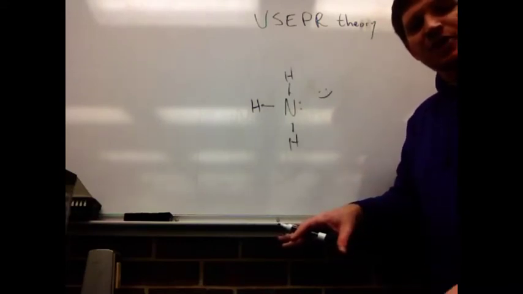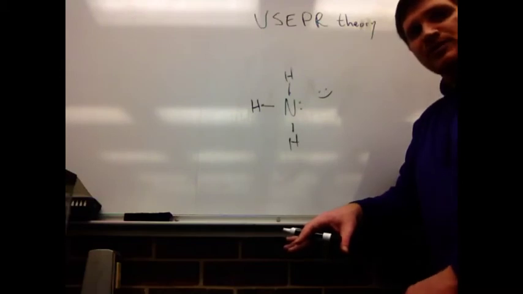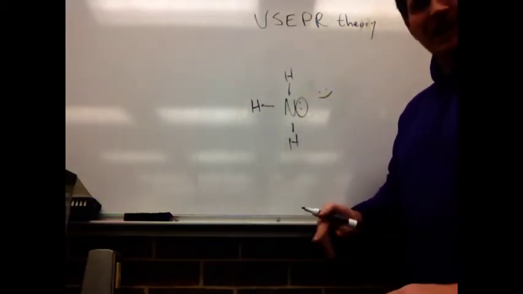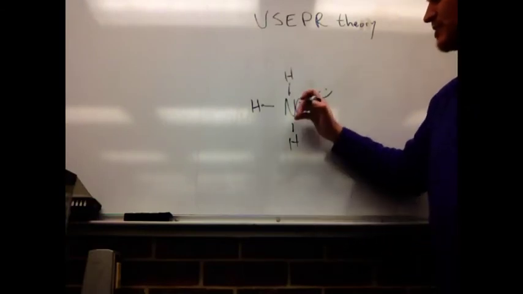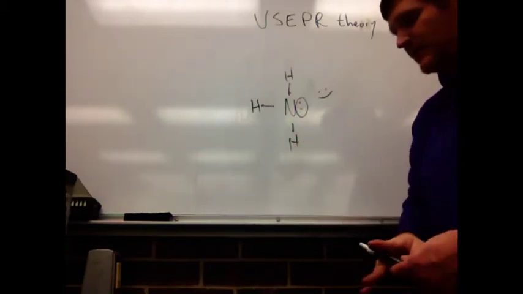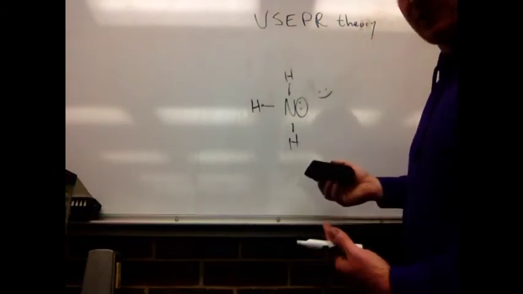This is where we get the term VSEPR from, valence shell electron pair repulsion theory. So what that says is I have what's called a free electron pair. Okay, free electron pair. These electrons are not bound to any element, meaning that they're going to be a little bit different than what we've seen. Okay, I'm going to go ahead and draw this in 3D so we can see what's going on with it.